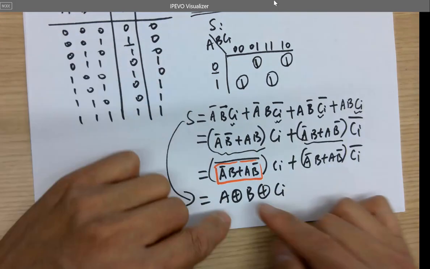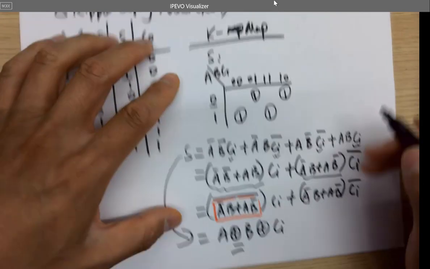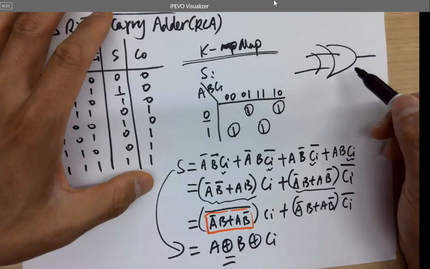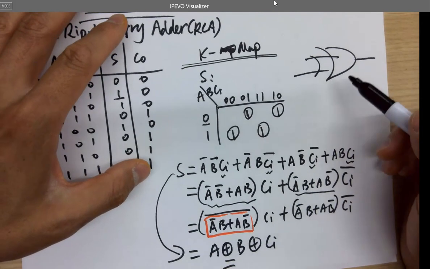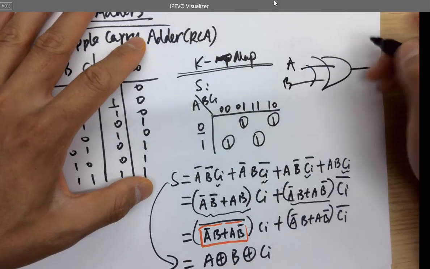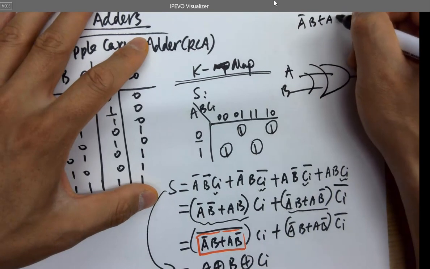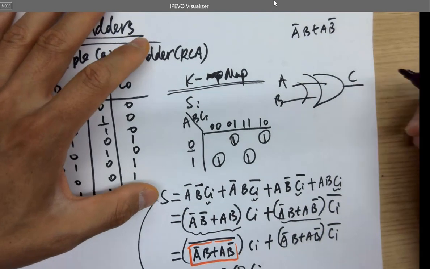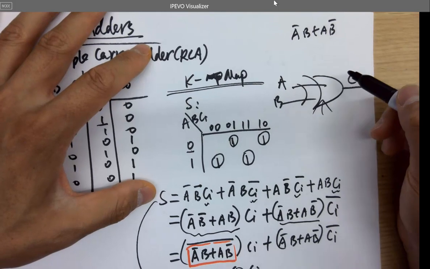The reason we use this one to represent it is because this gate is called the XOR gate, right? It looks like just one gate. However, in the XOR gate, you have a lot of ANDs, ORs and inverters. So what is the XOR logic? It's A not B or A B not, right? If you draw it just using the gates, this looks like one gate, but in the circuit, it's not one gate.